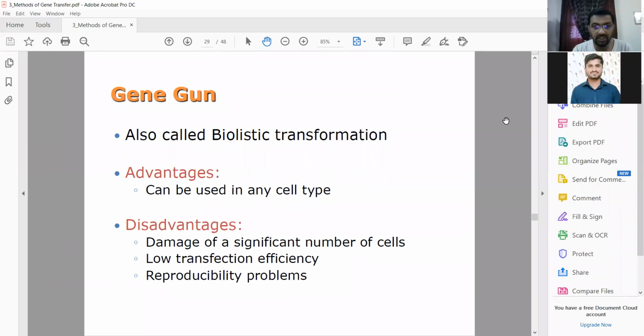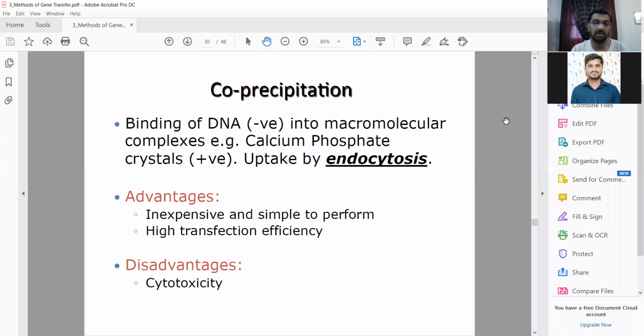Moving further from gene gun to the other part, another method for gene transfer is the calcium phosphate method, also called the co-precipitation method.